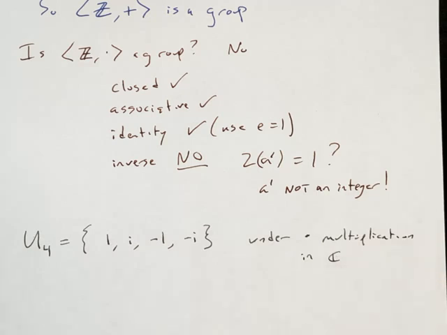Let's consider these 4 complex numbers: 1, i, -1, and -i. Is this a group?